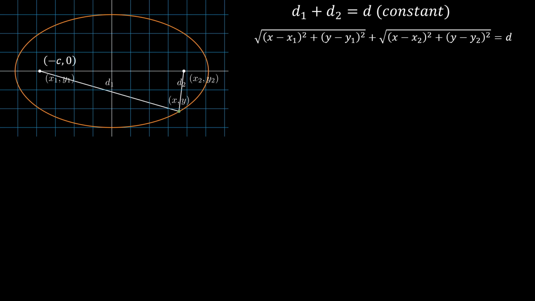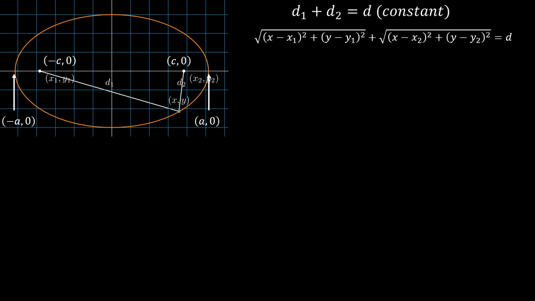So if we assume that this is an ellipse centered at the origin, and one focus is at negative c, 0 and the next focus is at positive c, 0, and the points where the ellipse touches the x-axis are negative a, 0 on the negative side and a, 0 on the positive side.